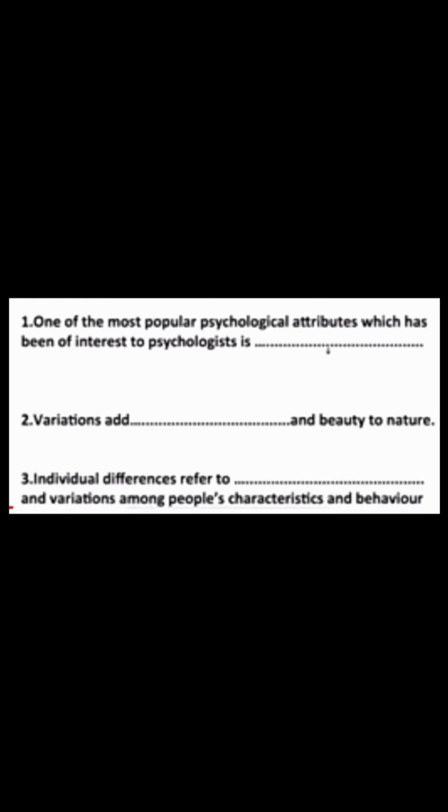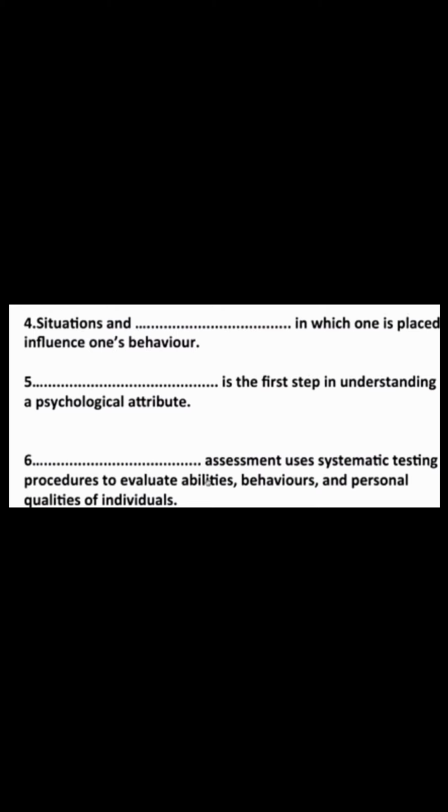Then individual differences refer to dash and variations among people's characteristics and behavior. This statement is basically the definition of individual differences which is given in your book. The answer of this statement will be distinctiveness. Okay. Now let's try to understand what is the fourth statement explaining.